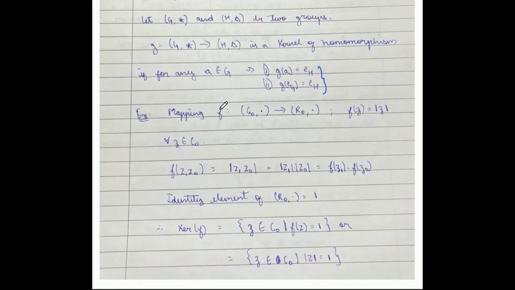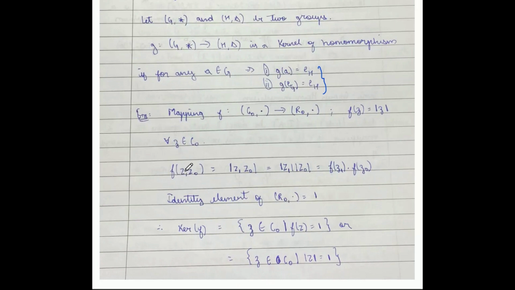In this we have a mapping f, and C naught is all the complex numbers excluding the complex number with zero magnitude, and R naught is all the real numbers without the number zero. Both of them have the multiplication operation, and f of z is defined as mod of z for all z belonging to C naught.